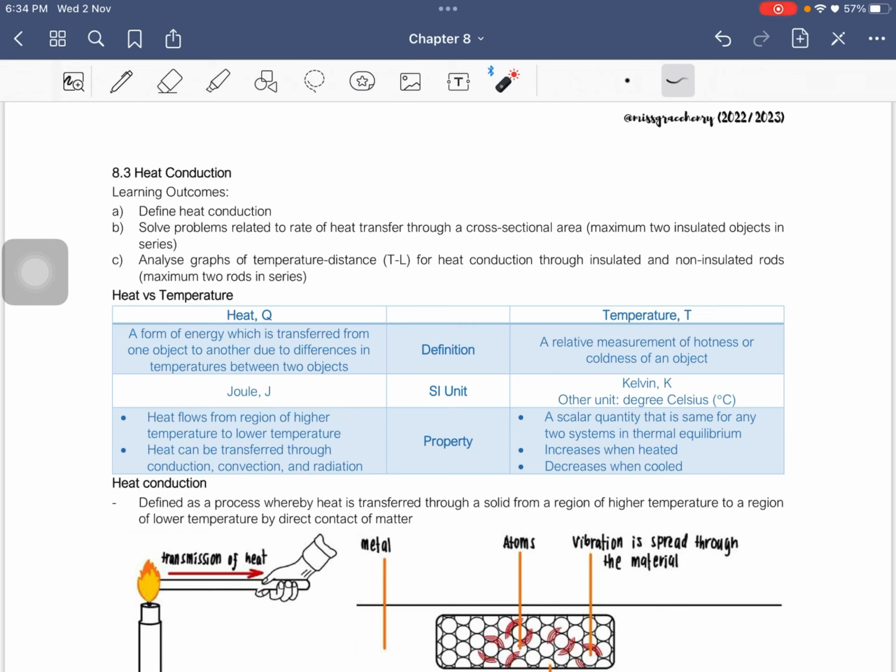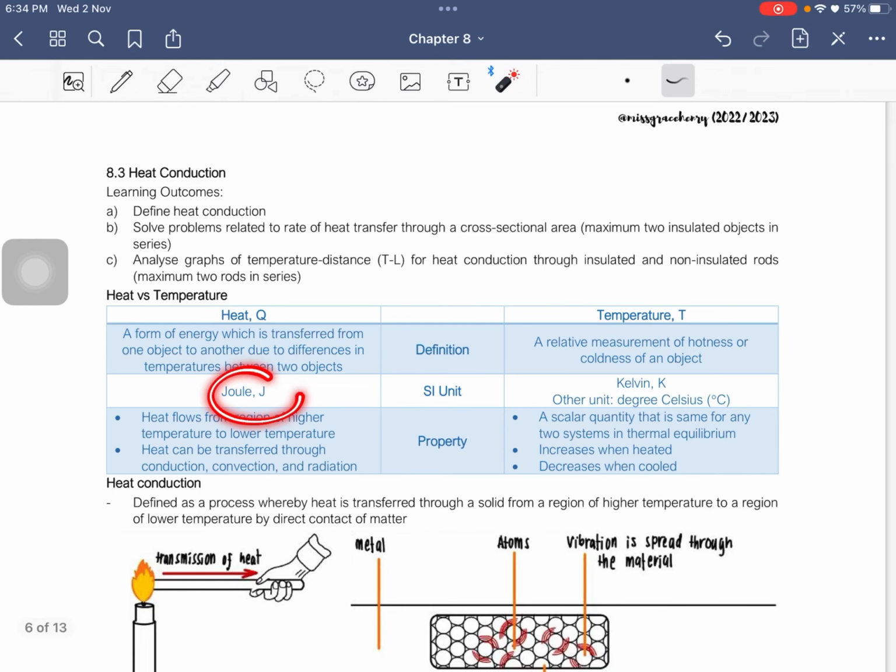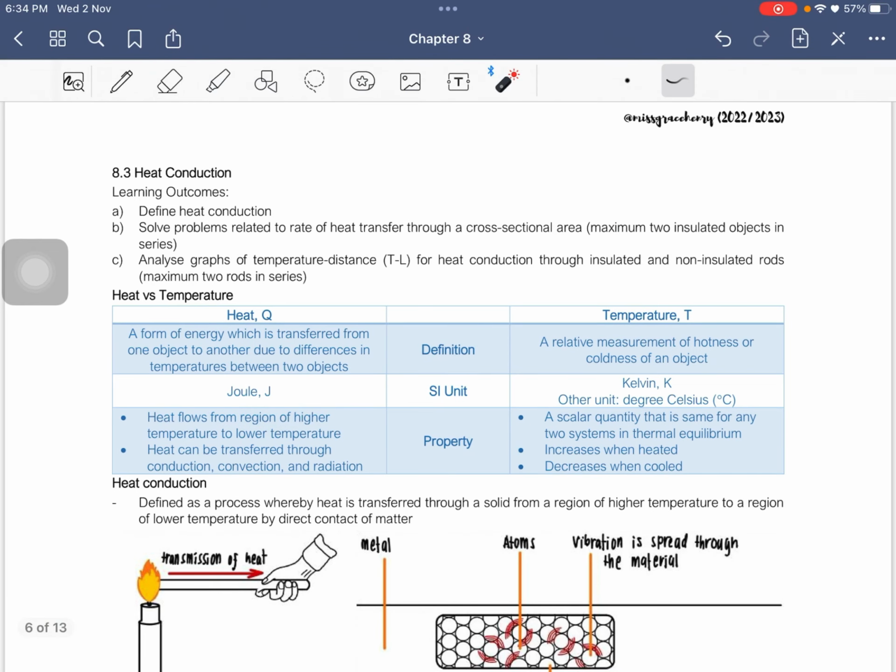Heat, on the other hand, is an energy that is transferred from one object to another object. Okay, the SI unit for heat is joule, whereas for temperature it is Kelvin ataupun degree Celsius. Heat flows from a region of higher temperature to a lower temperature, and it can be transferred through conduction, convection ataupun radiation.